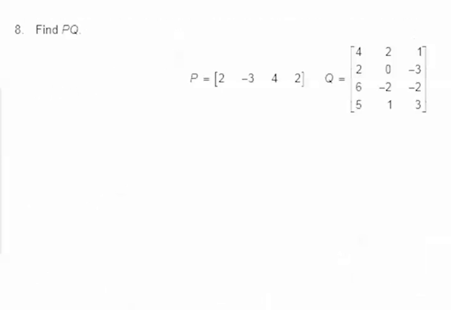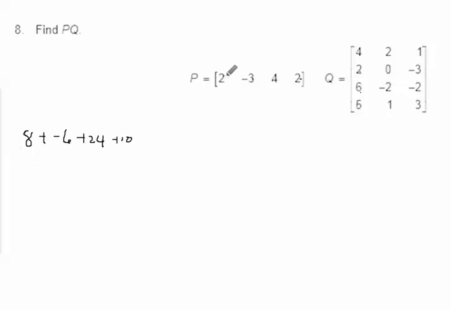Going on here. If I'm going to find PQ, and this is going to be a big matrix multiplication, I want to show you how I'm going to do it. 2 times 4 gives me 8 plus negative 3 times 2 gives me negative 6. 4 times 6 gives me 24. 2 times 5 gives me 10.